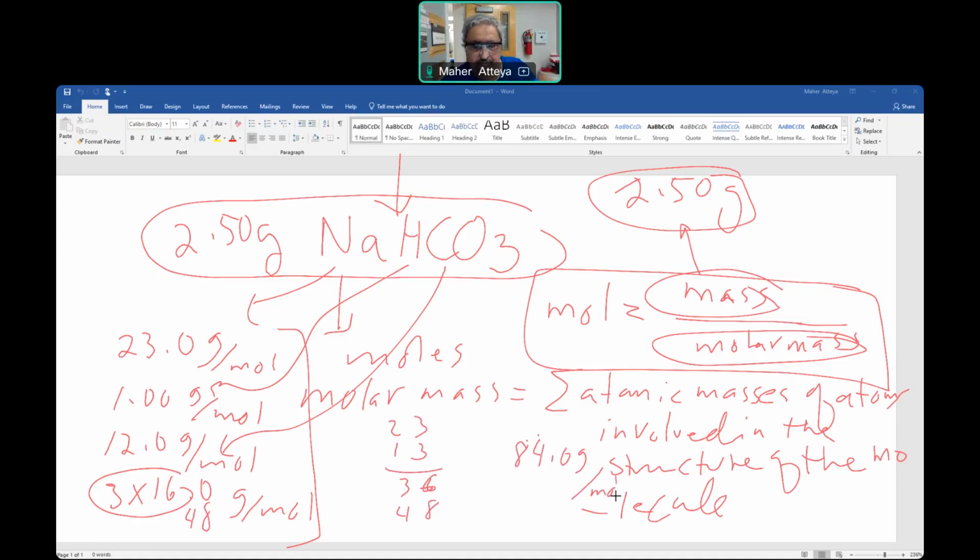Correct me if I'm wrong. 3 sig figs, and you get the number of moles rounded to what?